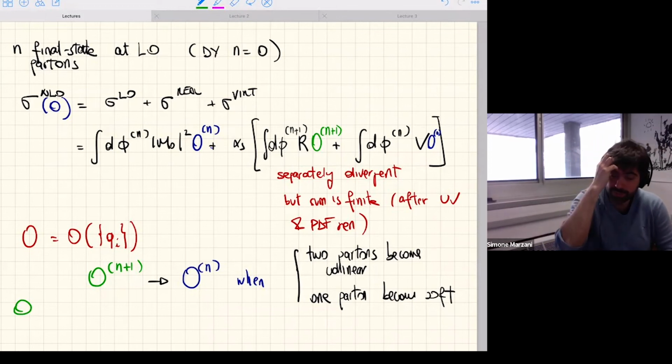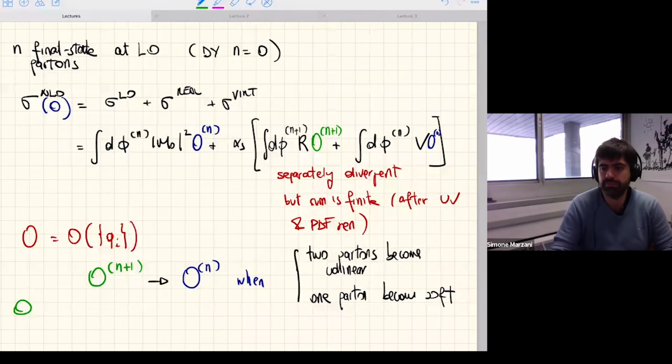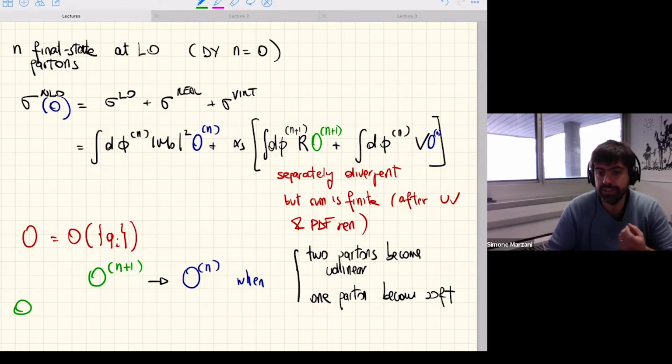So for an IRC safe observable, you can show that the corrections to the parton-to-hadron duality, the naive sense, are genuine power corrections. So they scale as some Lambda QCD divided by Q. If the observable is not IRC safe, then this non-perturbative correction could be of order 1.